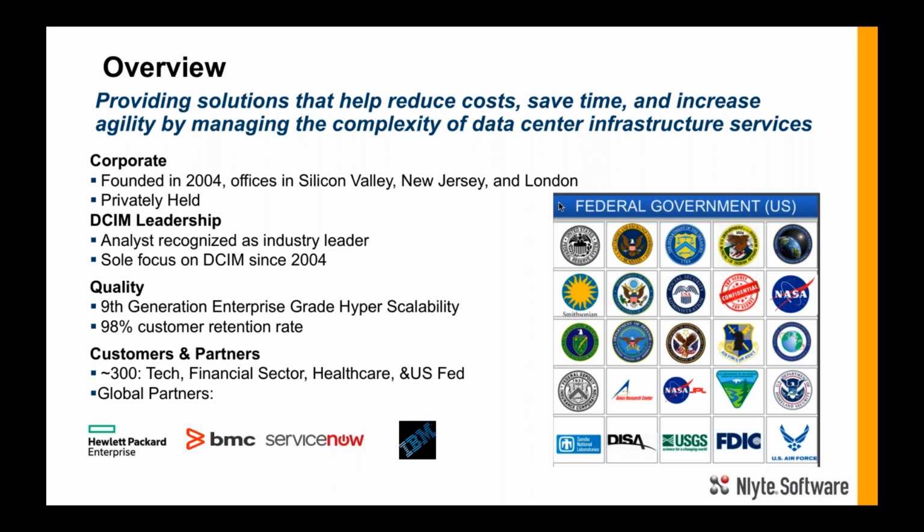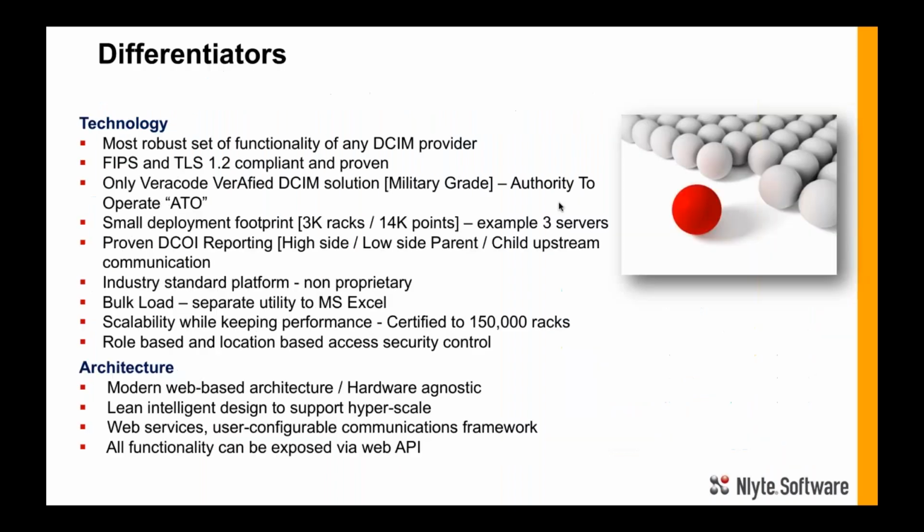But today we're going to be focusing specifically on the U.S. federal agency space. We've listed some of our global partners there, folks who we tend to integrate with: ServiceNow, BMC, HP, IBM. But we have a wide range of partners who we either tie into their technologies or work with from a services perspective.